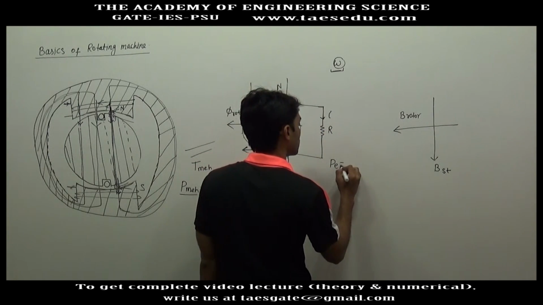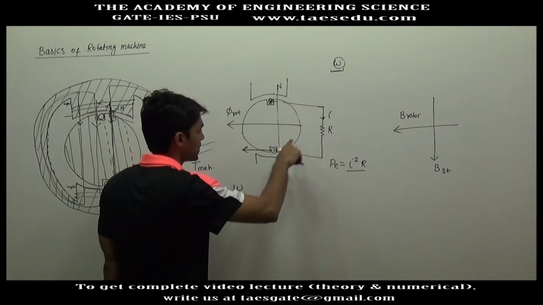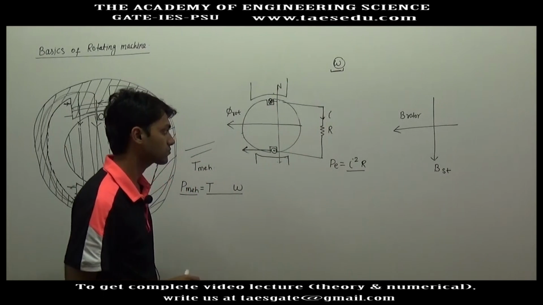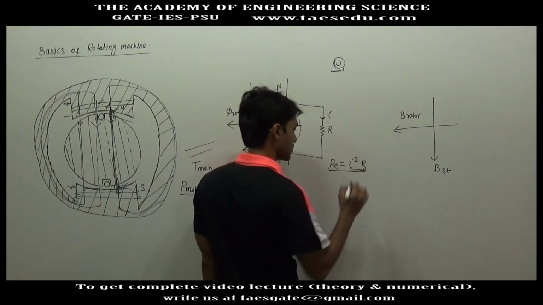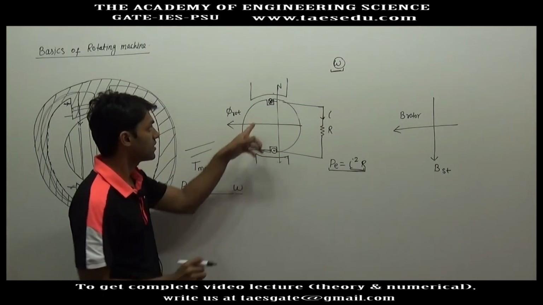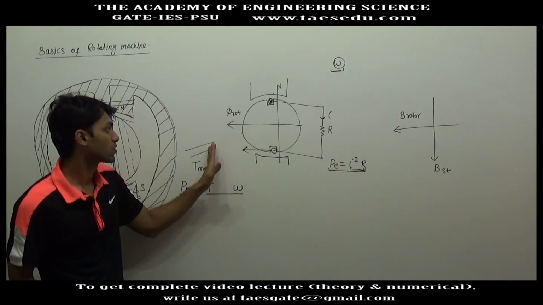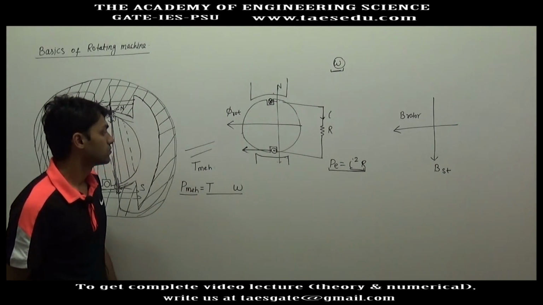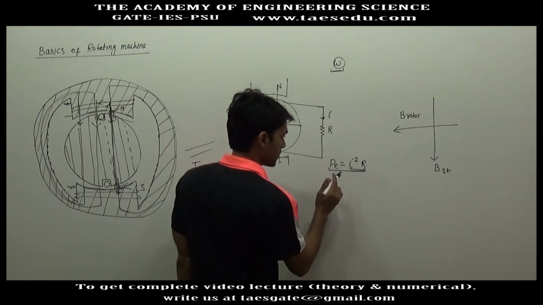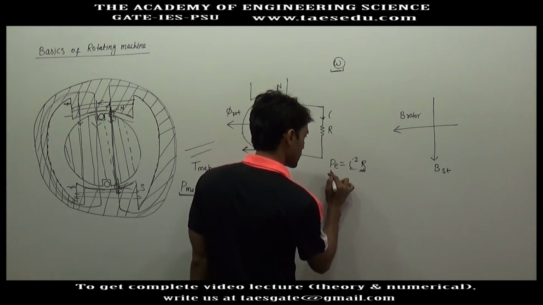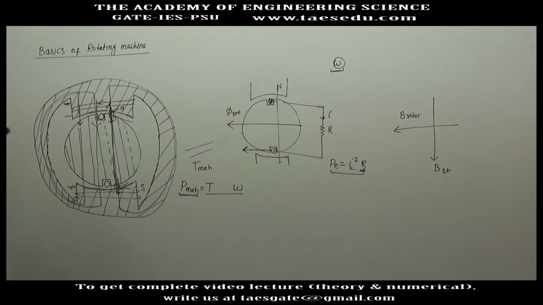The electrical power will be I squared into R. If it is rotating with constant speed, you will get an electrical power of I squared R. And after giving some speed, you have disconnected it from the mechanical input, so you are not giving any mechanical energy, yet you are getting electrical energy. So this is a violation of conservation of energy.